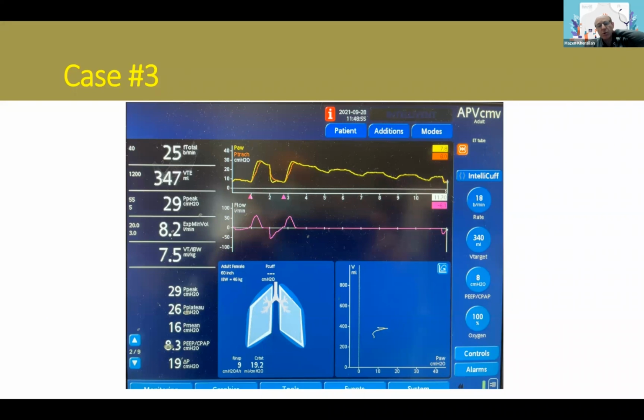you're not only going to lose the PEEP, but also you lose the inspiratory pressure. So what I did here, I held the inspiratory pressure in inspiration. And you can see this is inspiratory pressure, this is expiratory pressure. And then the next inspiratory pressure, I held the inspiration.